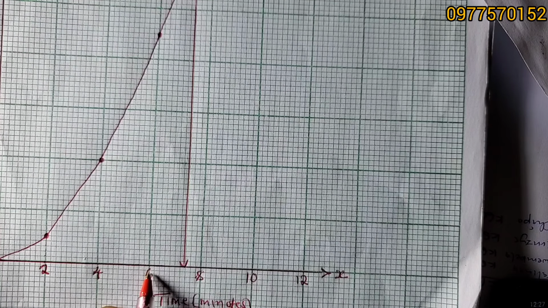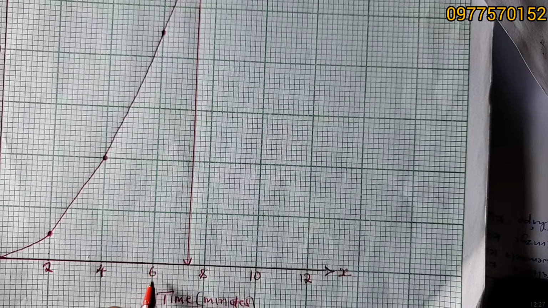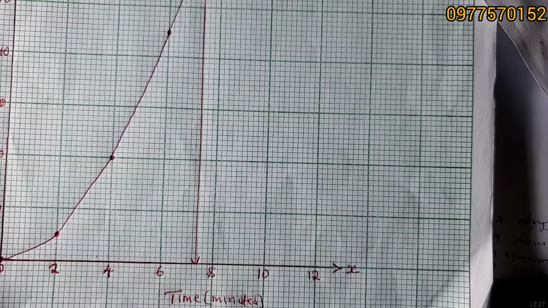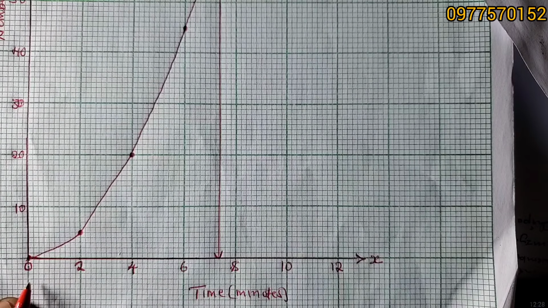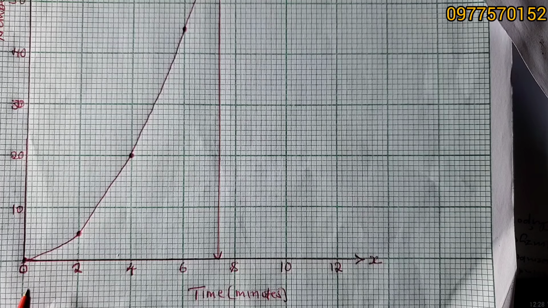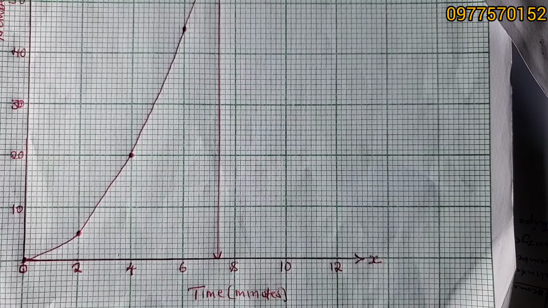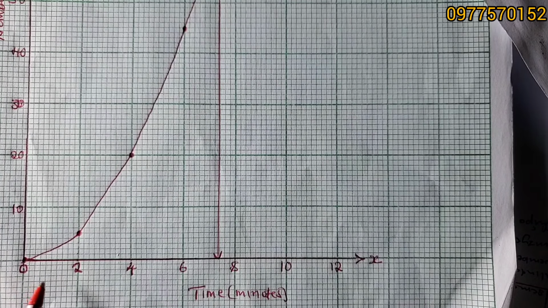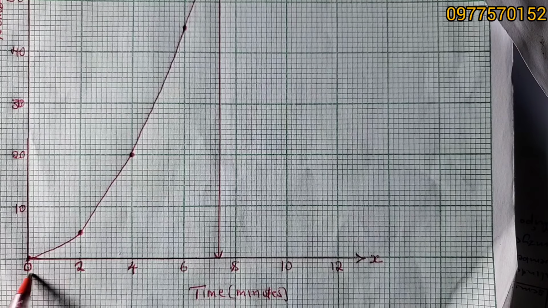It is 2 centimeters to represent 2 units, and there are 10 boxes here. So this means that each box here is 0.2. How did I find 0.2 each box?